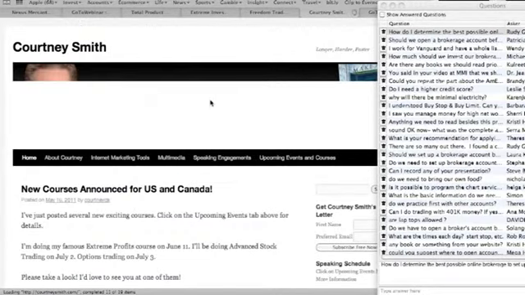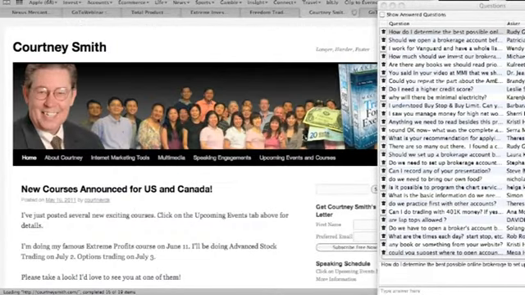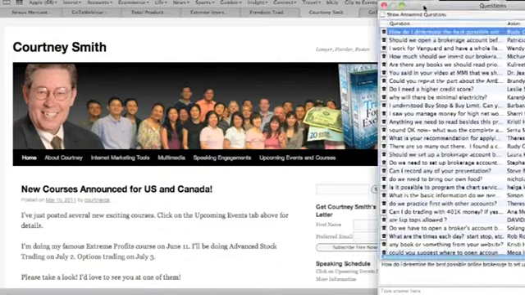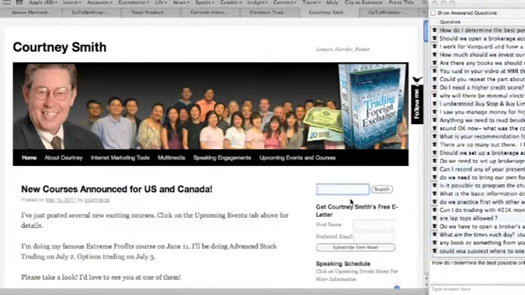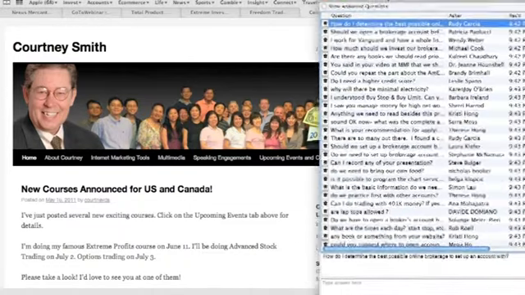On here, actually, I have a copy of Barron's report. Barron's is a financial magazine, and I have a copy of their report where they graded all the top brokerage houses. So go to CourtneySmith.com and search over here for brokers, and you should be able to find the review of brokers. It's about a year old, but it didn't change much at all.